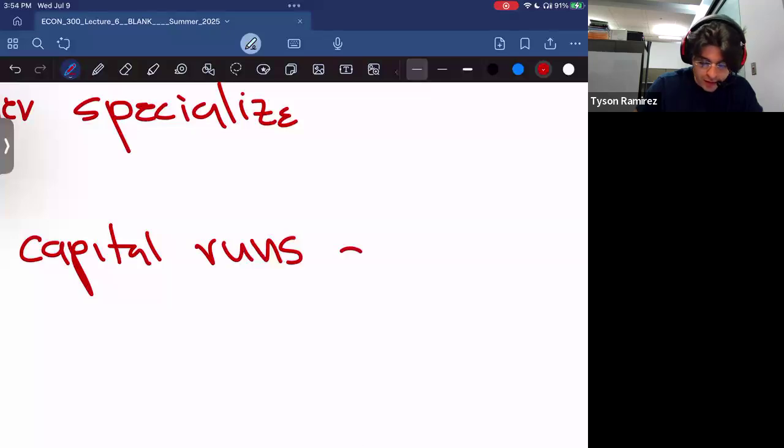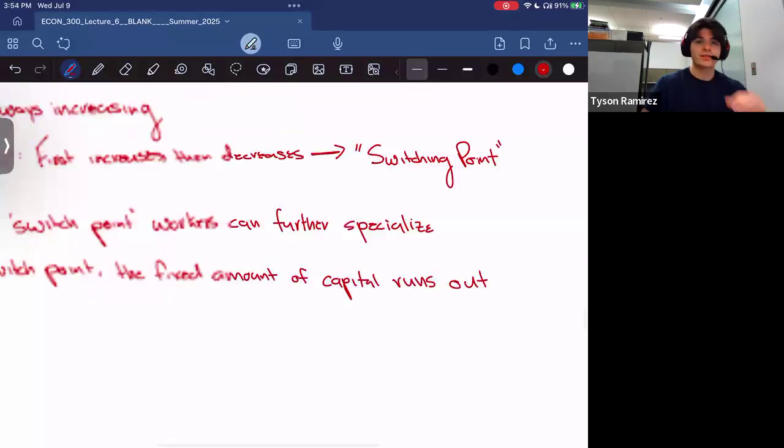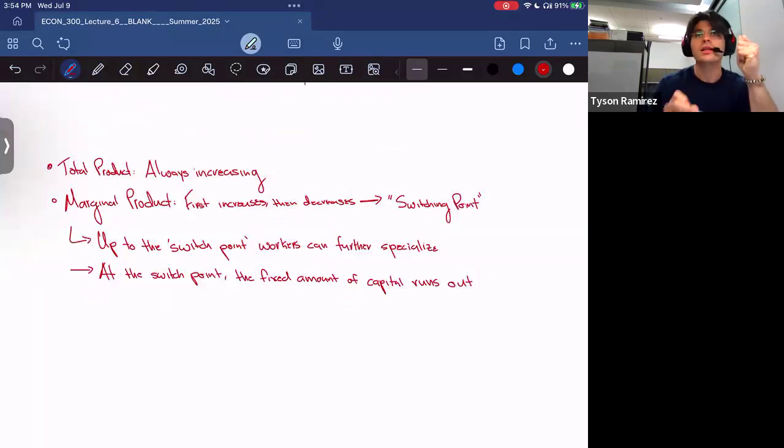And what is meant by this? That's simply saying that since capital is remaining fixed, we can get increasing returns up into some inflection point. And then at that point, given that we've fixed capital, we can no longer get increasing returns.